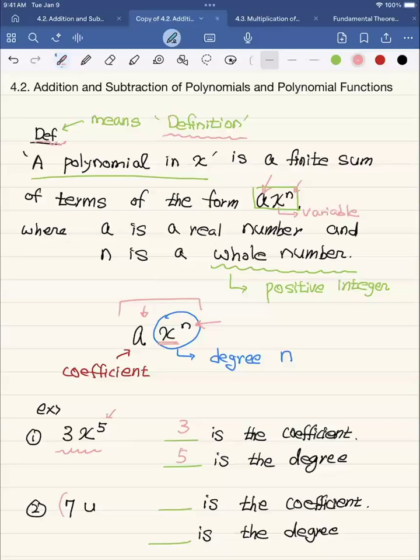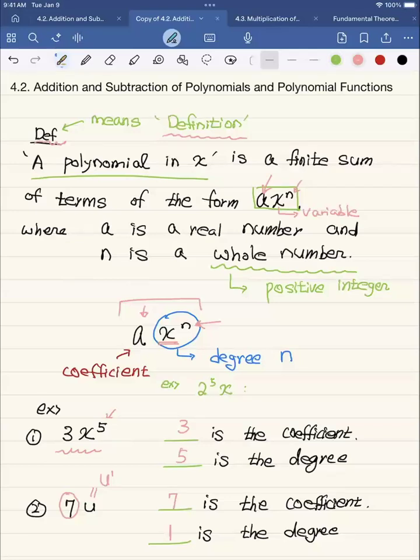In this example, 7 is coefficient, and u is degree 1, because u can be written as u to the 1 power. What may be a little bit confusing is if I write 2 to the 5 power times x, then what is the coefficient?